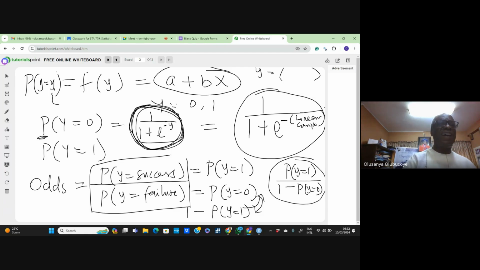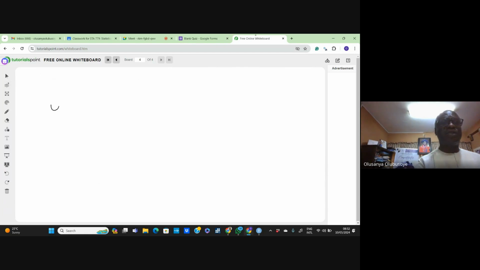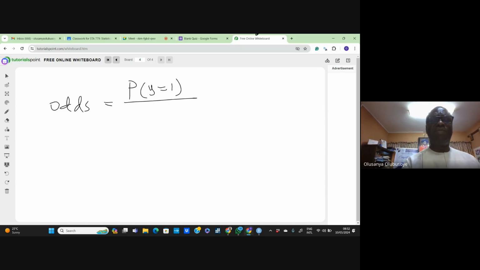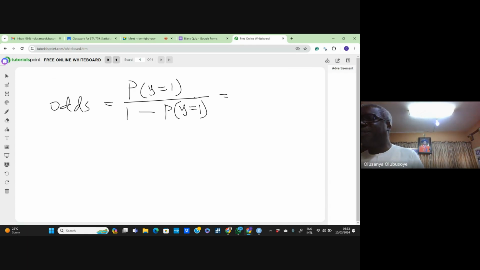So if we have defined odds as the probability of Y equals 1 over 1 minus the probability of Y equals 1, remember, we have defined the probability of Y equals 1 previously, but don't worry.